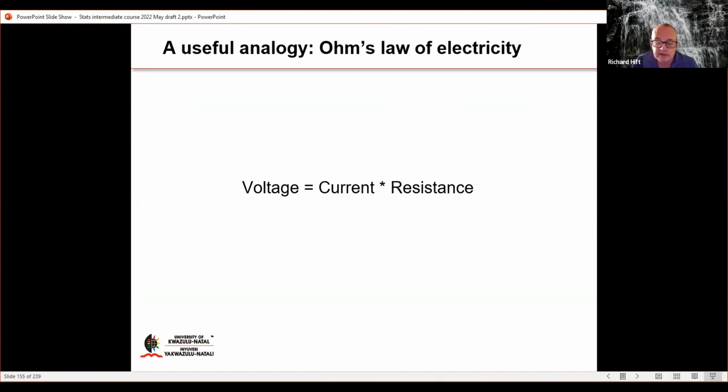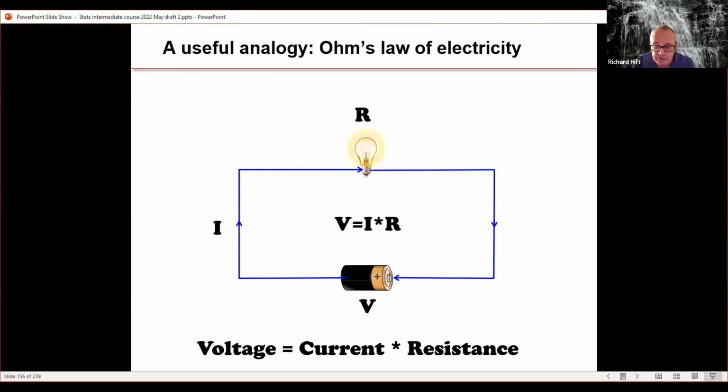And that's Ohm's law of electricity, which tells you that in any electric circuit, the voltage is equal to the current times the resistance. I want to show you practical examples of this because it's a very, very useful analogy for the things that we have to take into consideration when we understand the principle of sample size and how to calculate it.